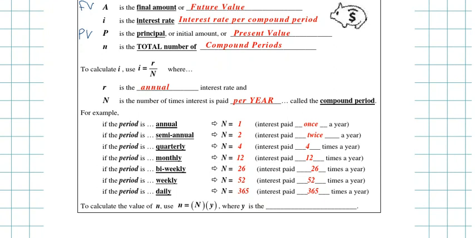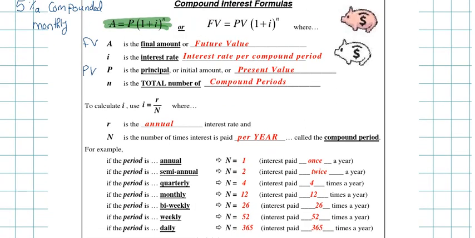For this example, I is equal to 0.05, because that's your 5%, divided by 12, because you have 12 months per year. That becomes the I that you plug into this formula. Make sense?